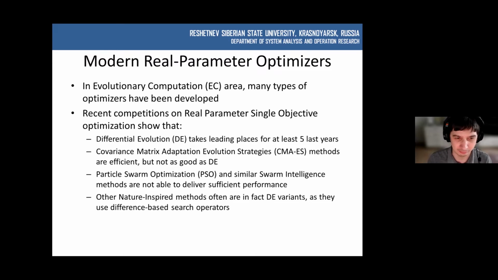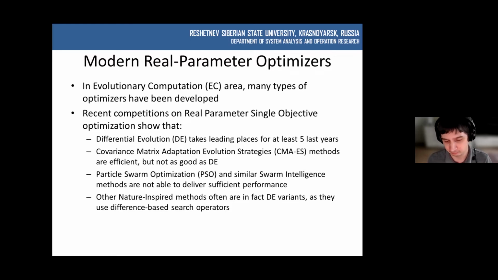Recent competitions on real parameter optimization show several important things. At least for the last 5 years, the differential evolution methods and similar methods take leading places. And I'm not saying that it's only first place. It's also second, third, fourth, fifth, and usually so on.